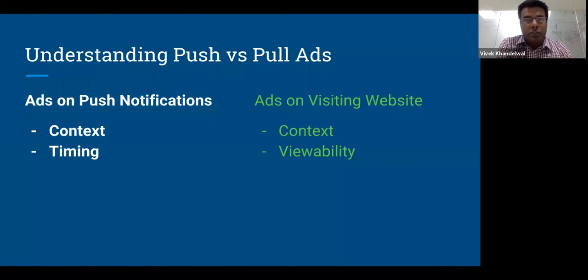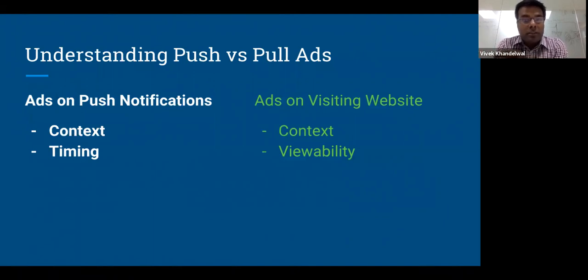As compared to this, with push notifications, while context remains extremely important, push notifications by default enjoy an extremely high viewability. The typical viewability on push notifications varies anywhere between 80% to 95%. And that is purely because of the nature of the channel itself.